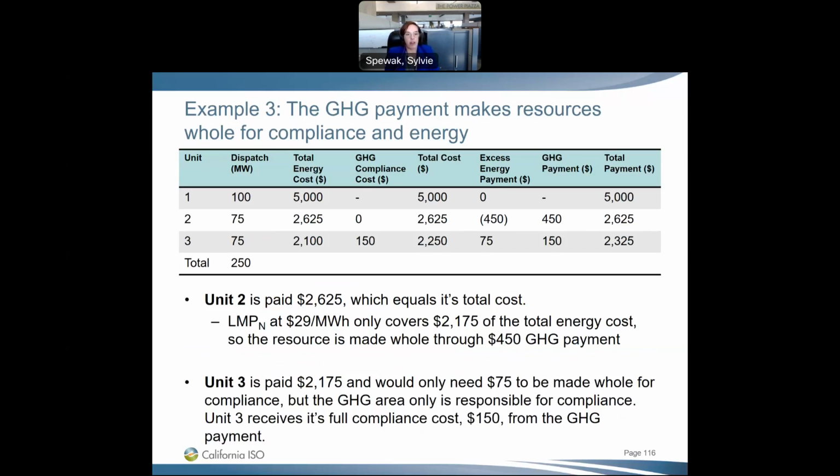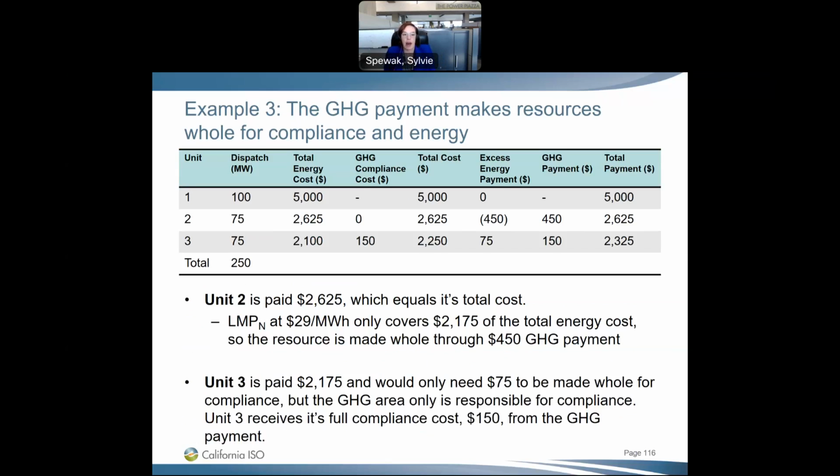Finally, let's make sure that all of our resources are being made whole at the very least, and inframarginal resources are being paid some extra profit. Unit 1, this is the same as before. It's dispatched to 100 megawatts. It costs $5,000, and it receives a $5,000 payment from LMP GHG.